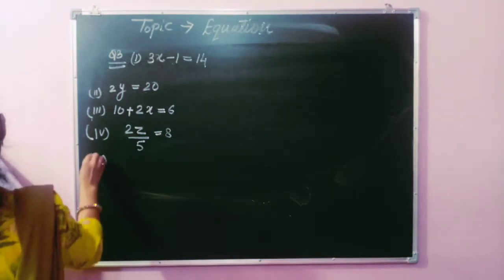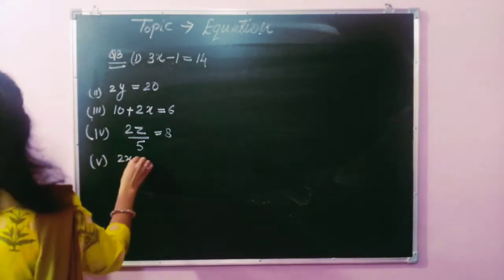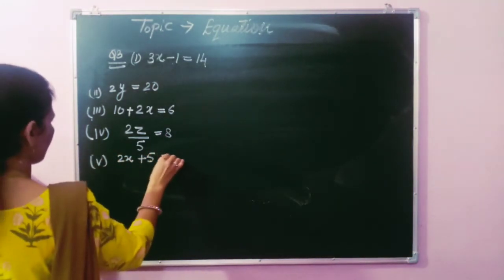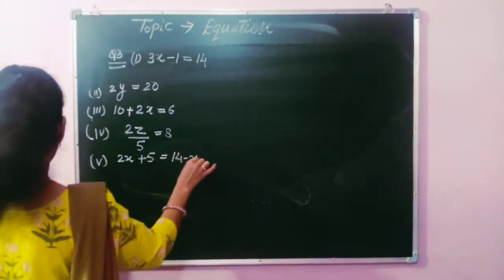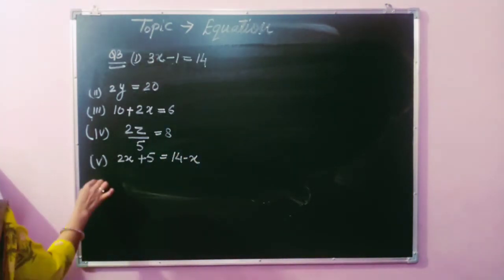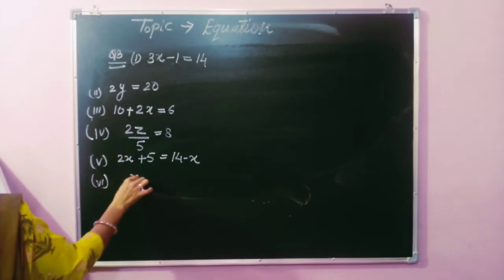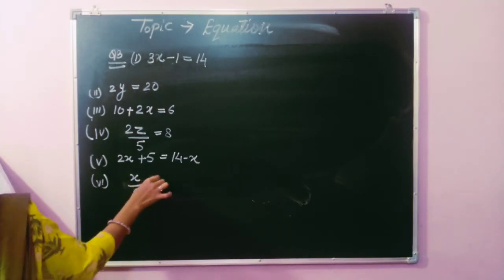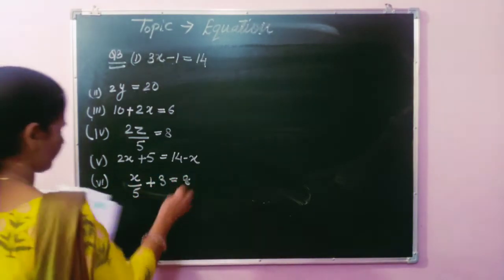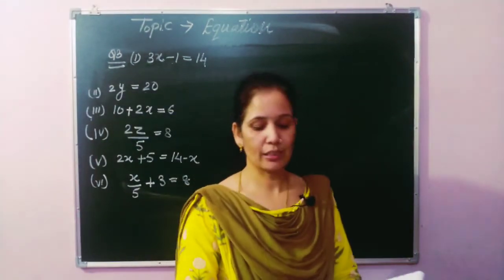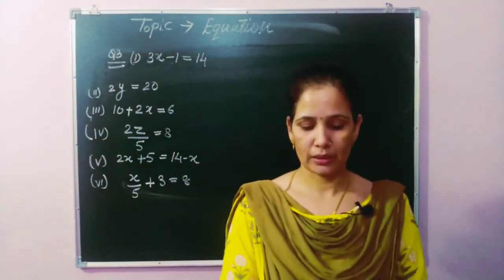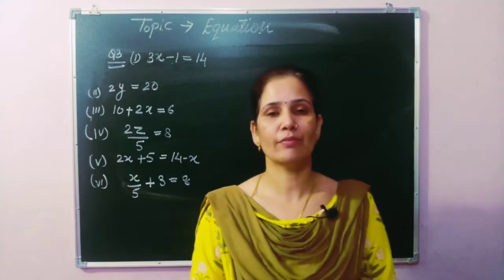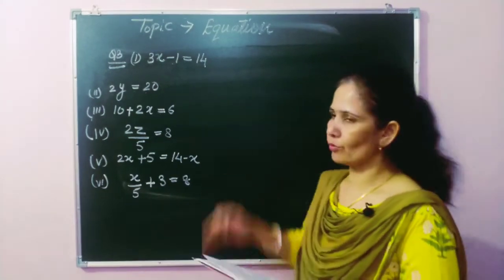Then fifth, 2x plus 5 equals 14 minus x. Then sixth part, x by 5 plus 3 equals 8. So this is given, students, and we have to write a word statement, that means we have to write a statement for the given equation.